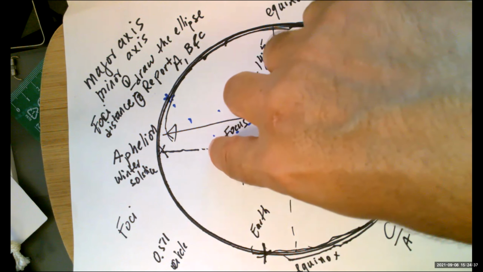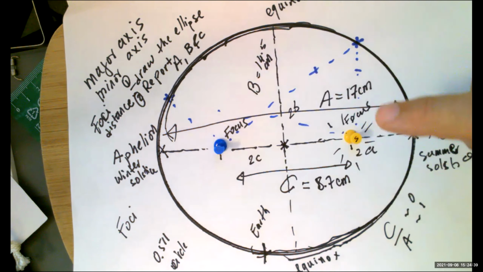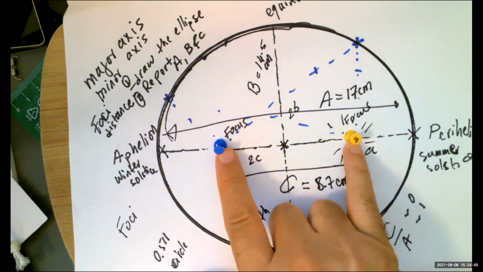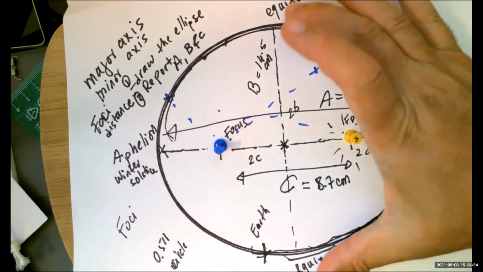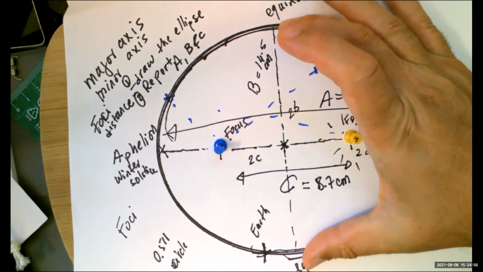Now, the ellipse has two focal points. This is the focus point, and this is a focal point. Some books call the plural either foci or foci, it doesn't matter. I think it's both true. The distance between the focal points characterizes how eccentric the ellipse is. We call this eccentricity.